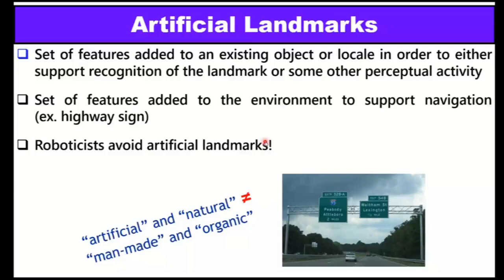Artificial landmark means a set of features is added already, and they will be supporting recognition. For example, highway signs. These are already there. There are arrows for navigation. So these are artificial landmarks. The robot need not define them.